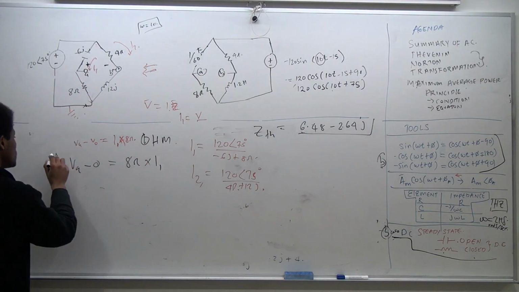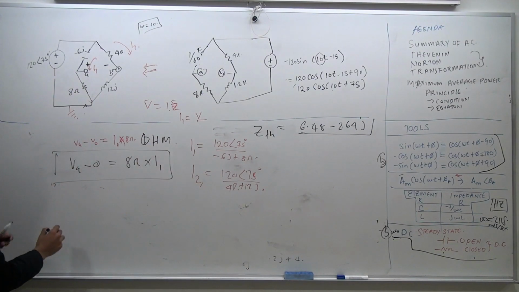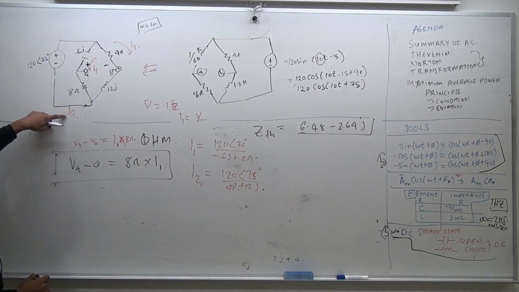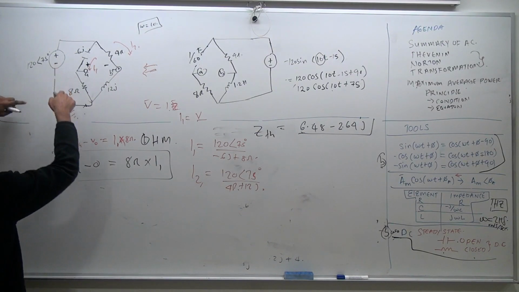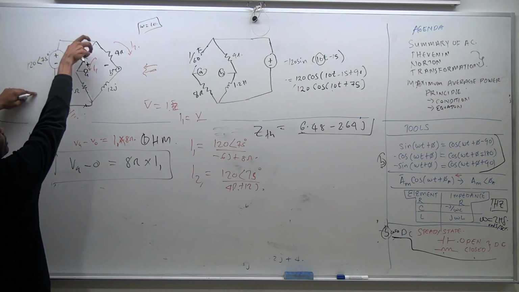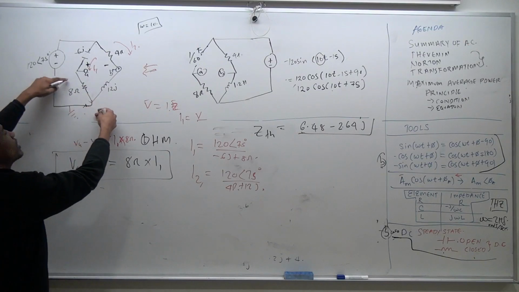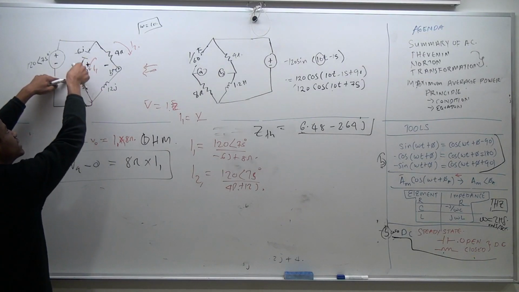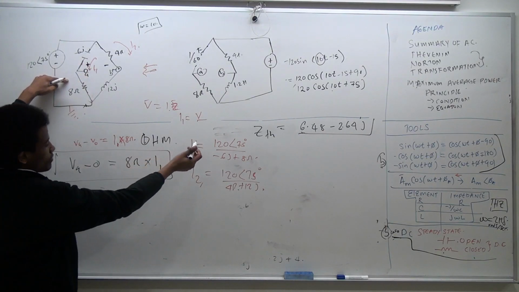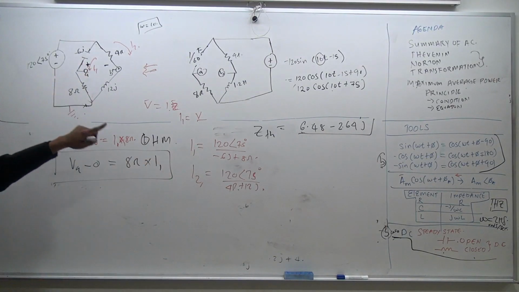This is a true statement because I know that the voltage here is 0. The voltage here is VA, and I know for sure that this is a high value. I know that the current is coming down, so I'm just stepping it up. If I take the current and multiply by 8, I get the voltage, because V equal IR. That's a true statement. This is using Ohm's law.